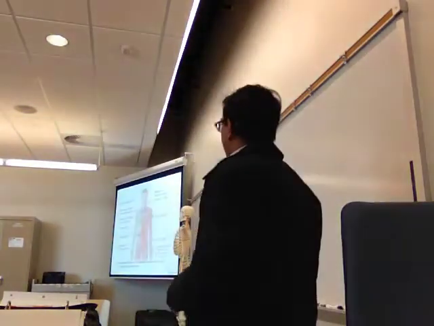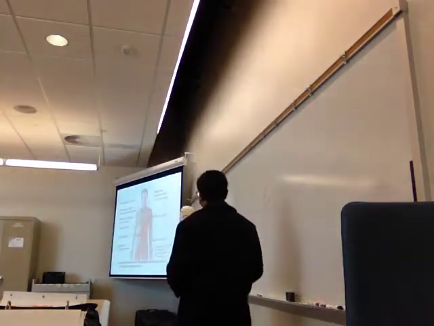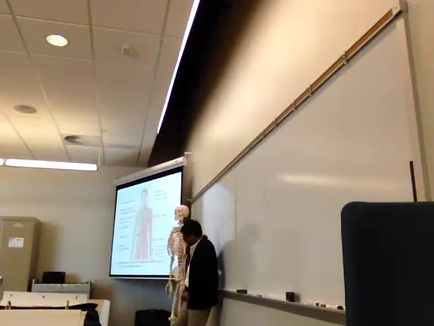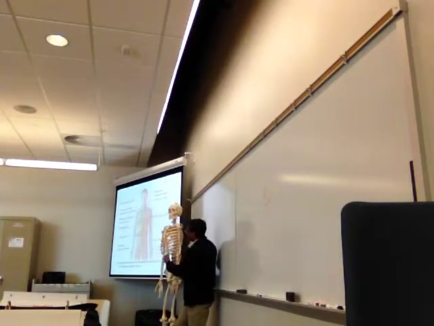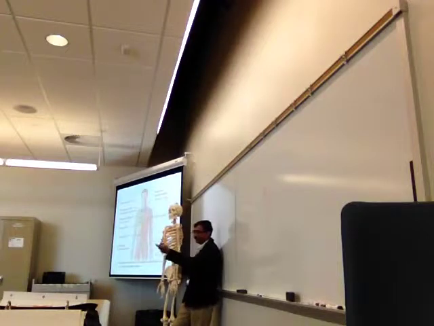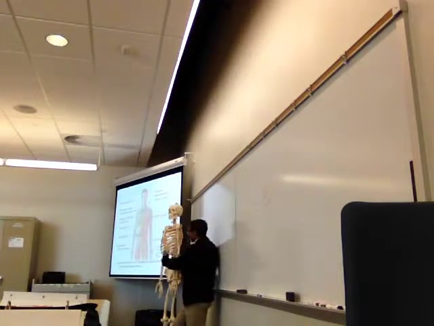Okay, now the thoracic duct is located on the vertebral column. If you go to see the cadaver lab, it's very easy to find the thoracic duct because it just rests on the vertebral column like this.